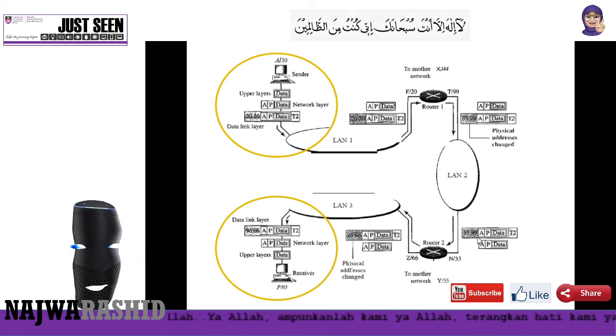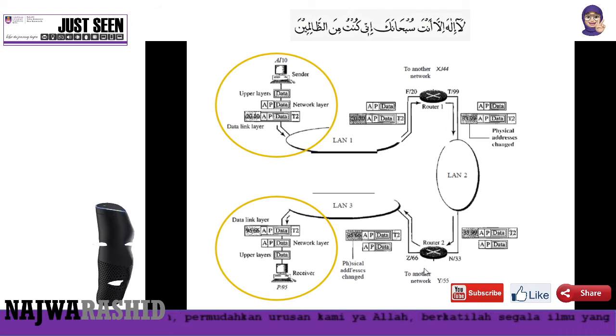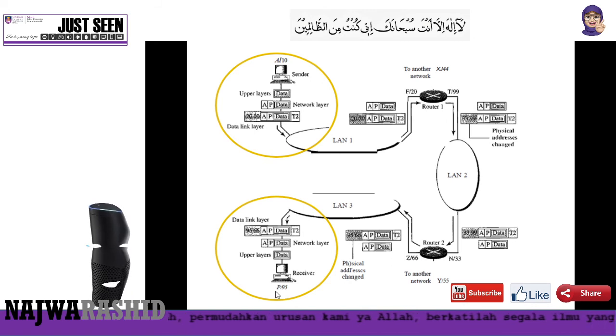Instead of 33, it now changes to 66. So 66 is the source physical address, and the next one is 95. 95 is the physical address of PC P. So it goes through LAN number 3, and at LAN 3 it will arrive at the PC with physical address 95.